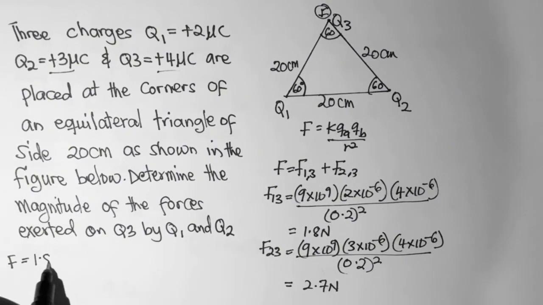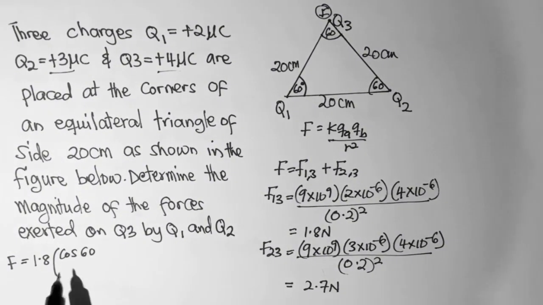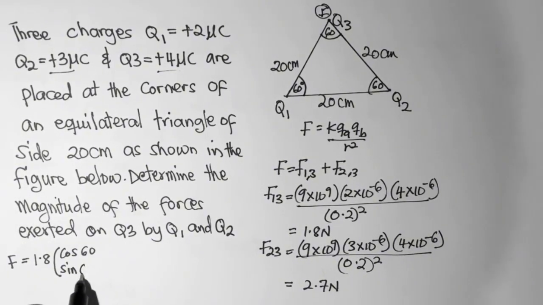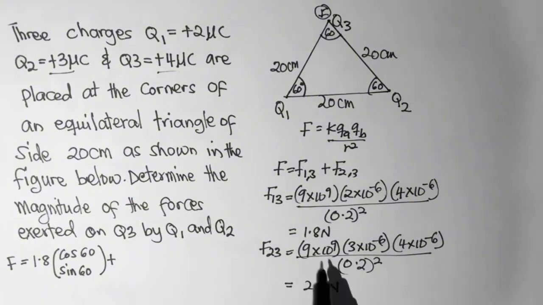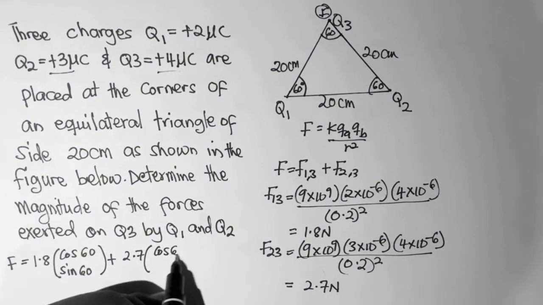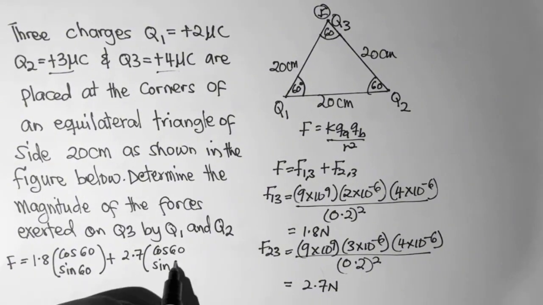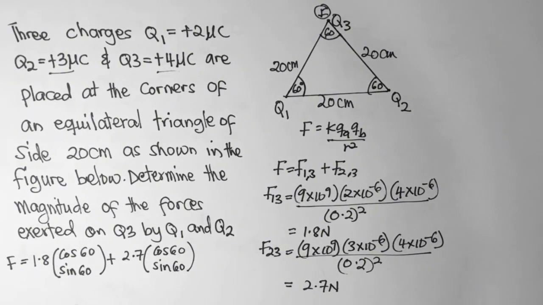So 1.8, and then we need to add cos 60 and then sine 60, plus F23, which is 2.7 newtons, so 2.7, then cos 60 sine 60. So this is how to add them algebraically.